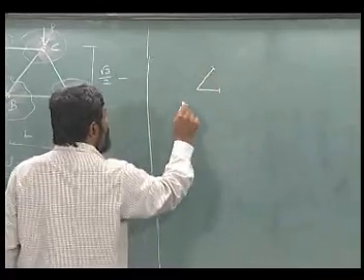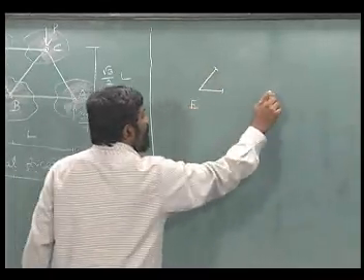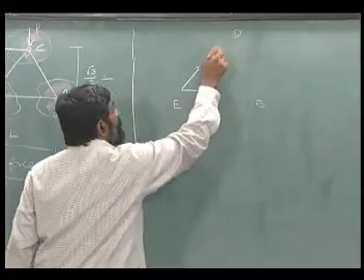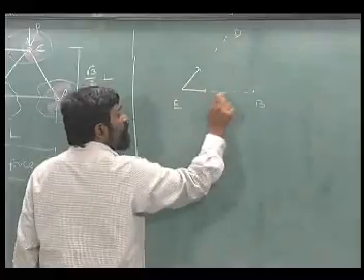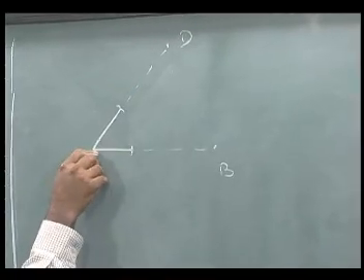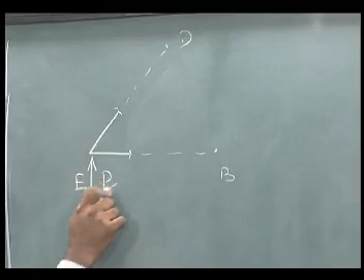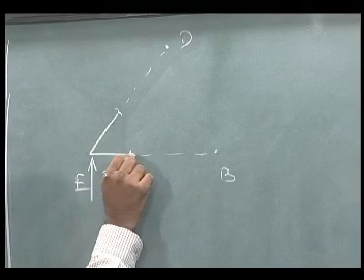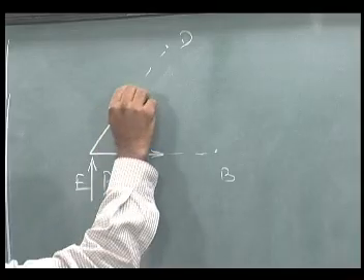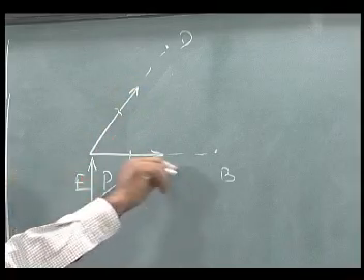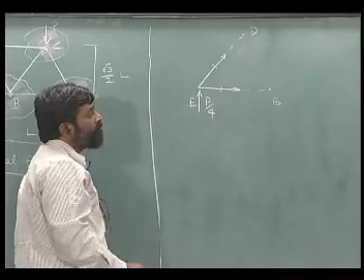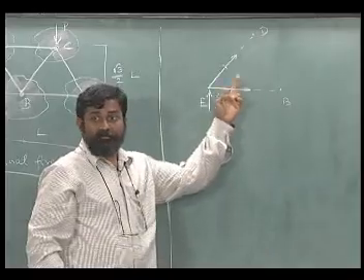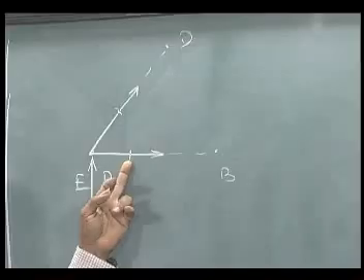We have cut here, this is E, we have B over here, we have D over here, and these two members have been cut. There is an external force acting on it equal to P by 4. Since we have cut here, we will be exposing an internal force in each of these members that act along the axis of these members. I will tell you in a moment what direction force I have to insert over here.